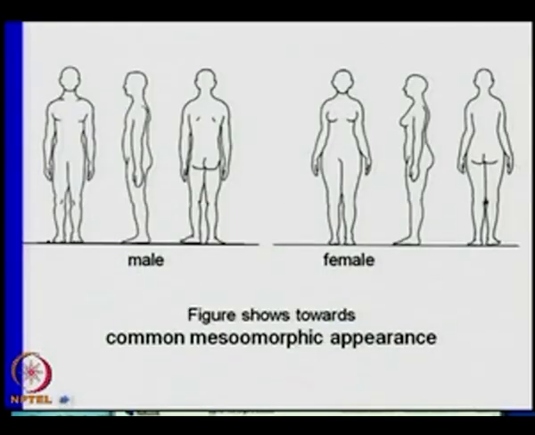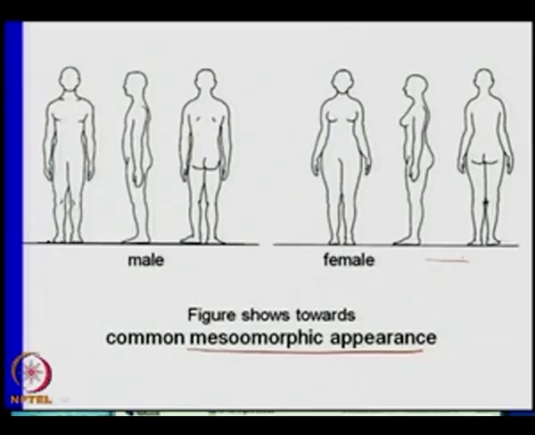Now, if we see the mesomorph, the normal body figure, this figure shows a common mesomorphic appearance. It can be said to be a squarish type of body figure; limbs and so on are vertically placed, standing erect, both for males and for females.